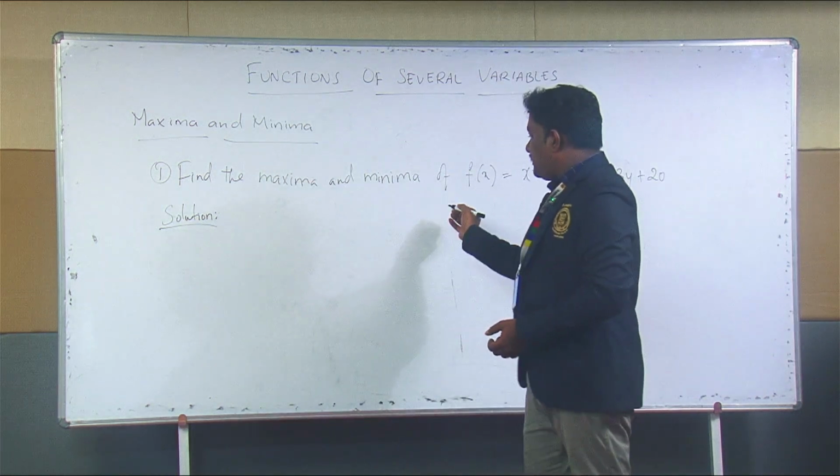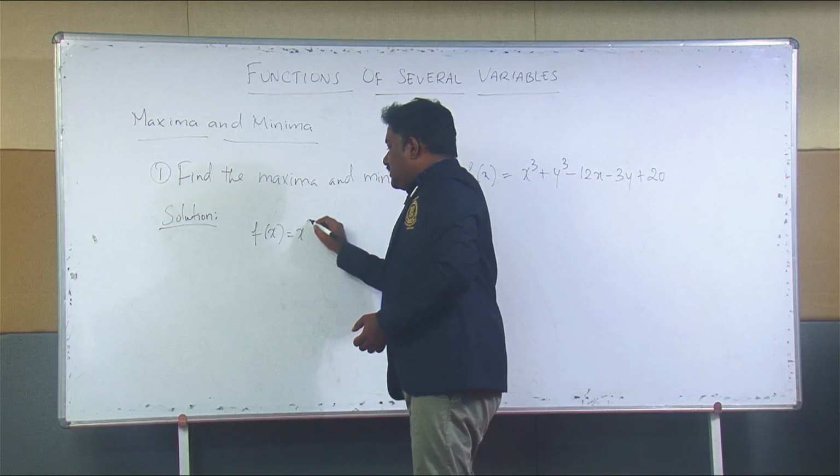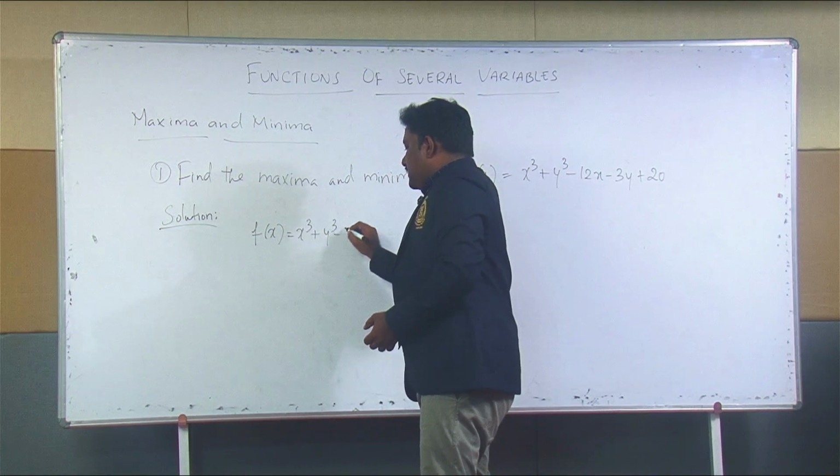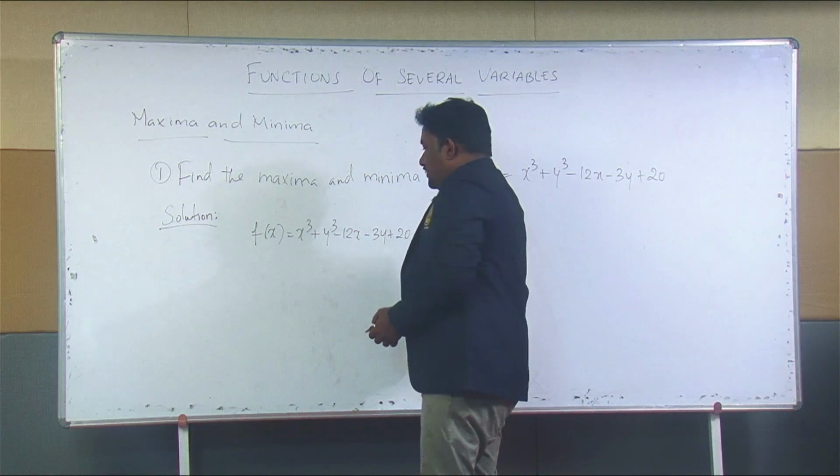So we are given the function f of x equal to x power 3 plus y power 3 minus 12x minus 3y plus 20.